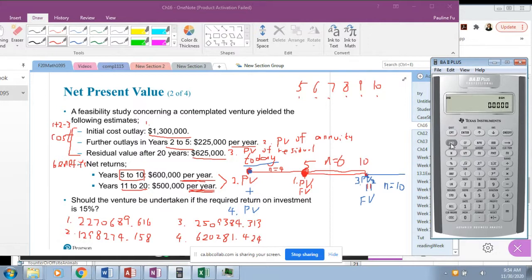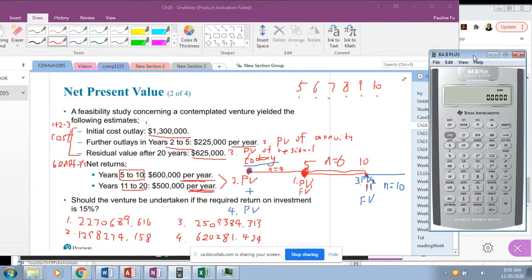So I'm going to clear everything, double check P/Y is 1, C/Y is 1, and then N is 4. So 4 is term N, 15 is I/Y, 225,000 is PMT, 0 is FV. Compute PV. I get the same number here.